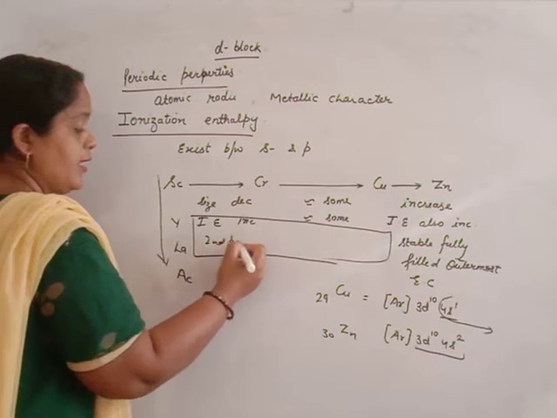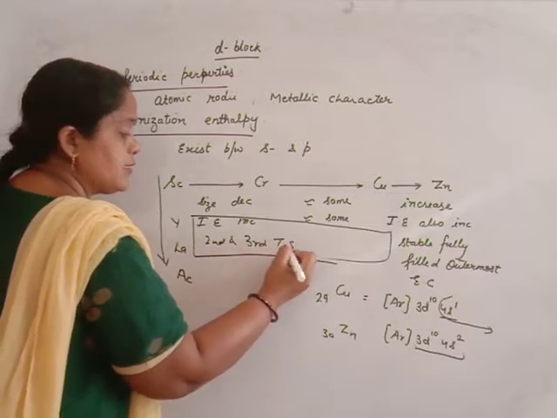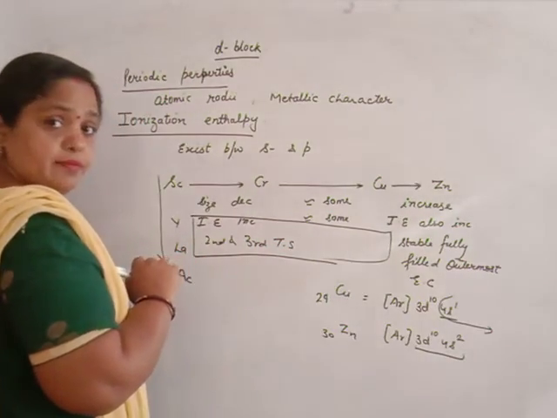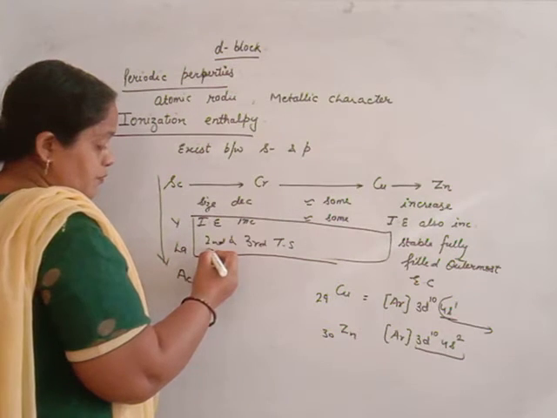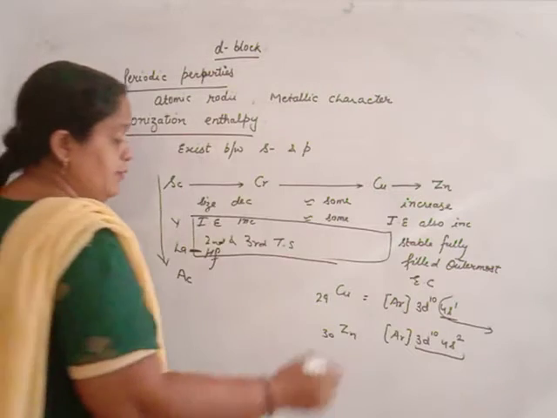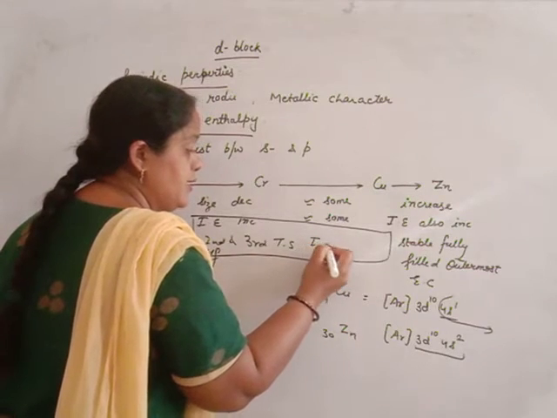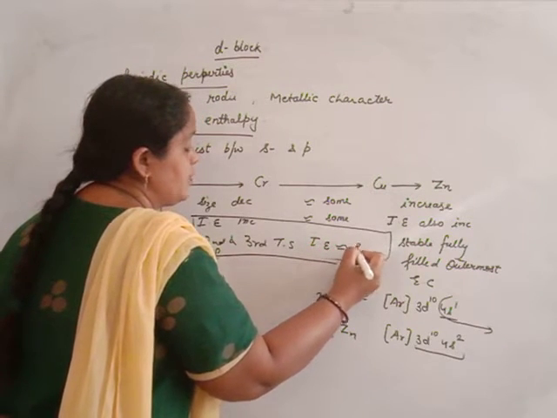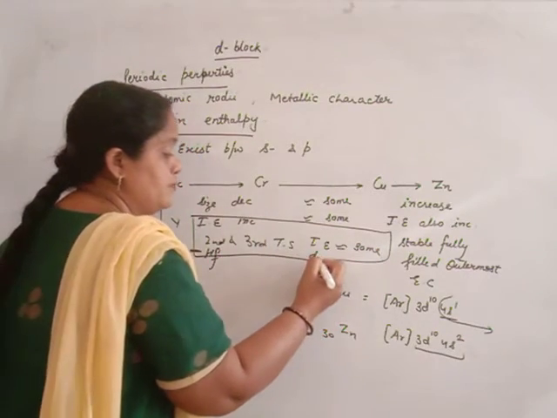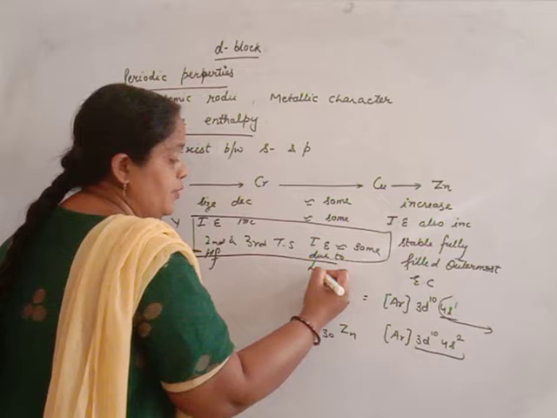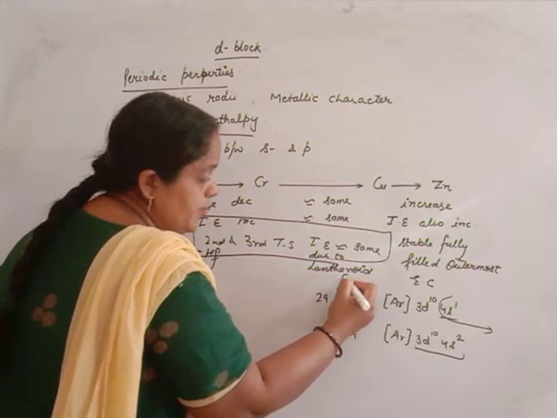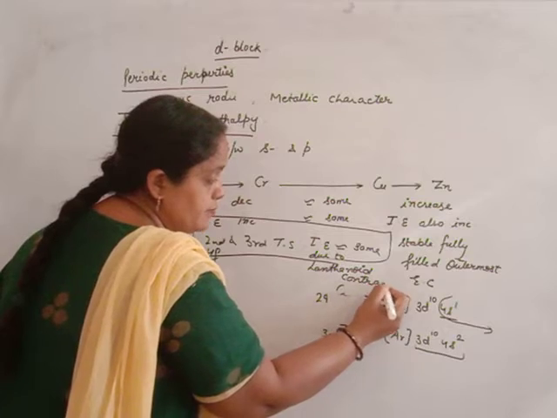The second and third transition series have approximately the same size due to lanthanoid contraction. Then ionization energy is also approximately the same, again due to lanthanoid contraction.